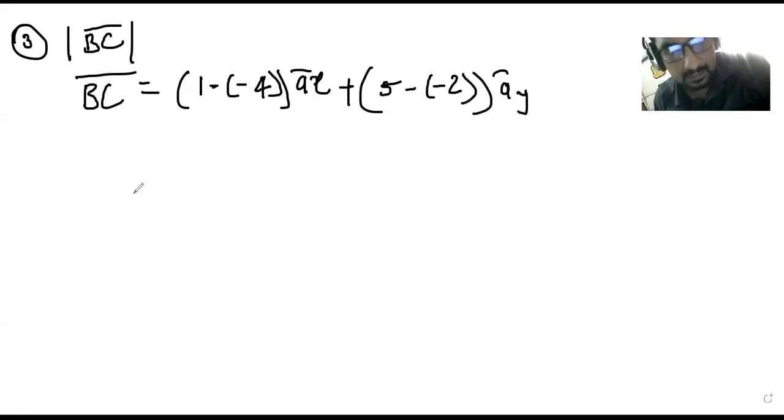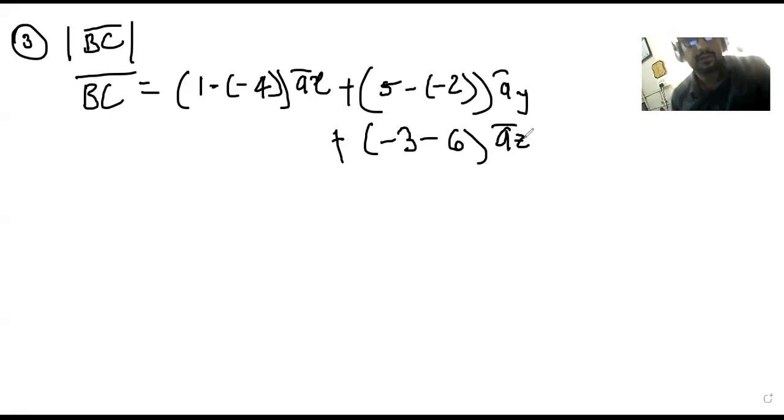And plus minus 3 minus 6 a bar z, right? So if you check the answer, it would be 5 a bar x plus 7 a bar y minus 9 a bar z. So this is the answer for the vector.